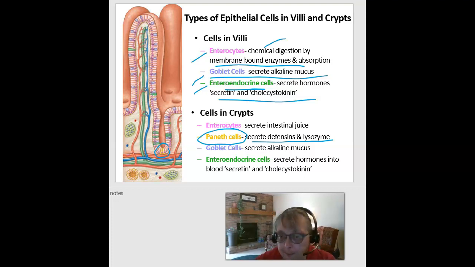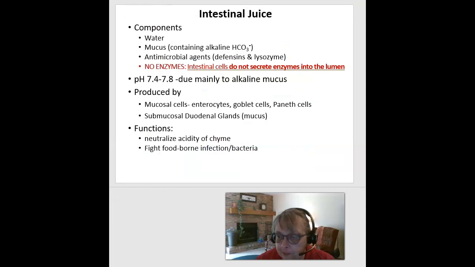So intestinal juice is made up of water, mucus, and those defensins and lysozyme. There are no enzymes present in intestinal juice. So the small intestine does not secrete enzymes to float around in the lumen.